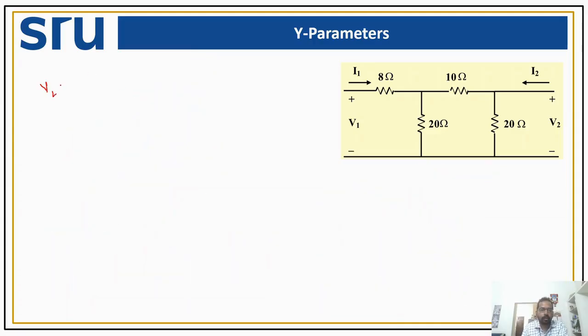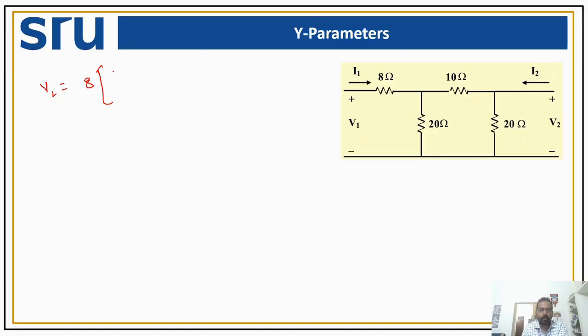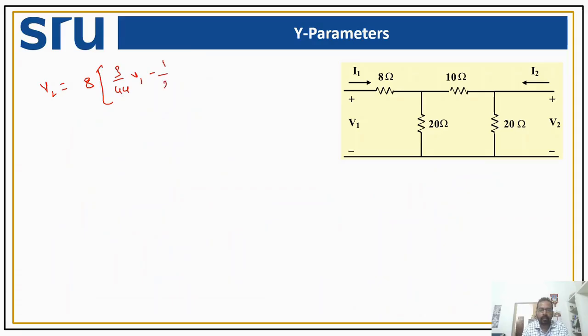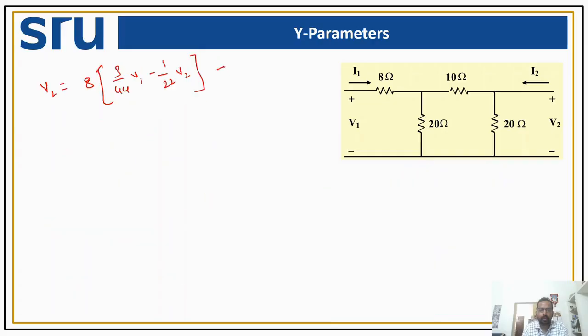So my V2 is equal to 8 times of 3 by 44 V1 minus 1 by 22 V2, plus 12 I2.